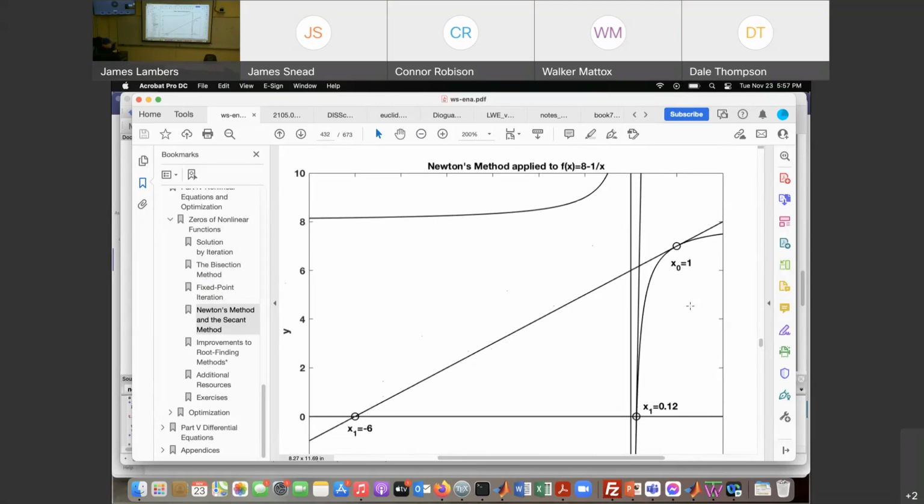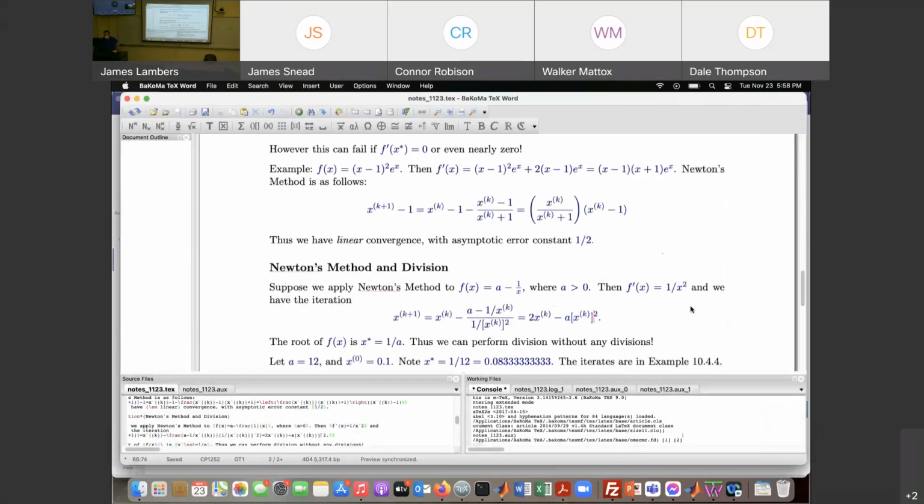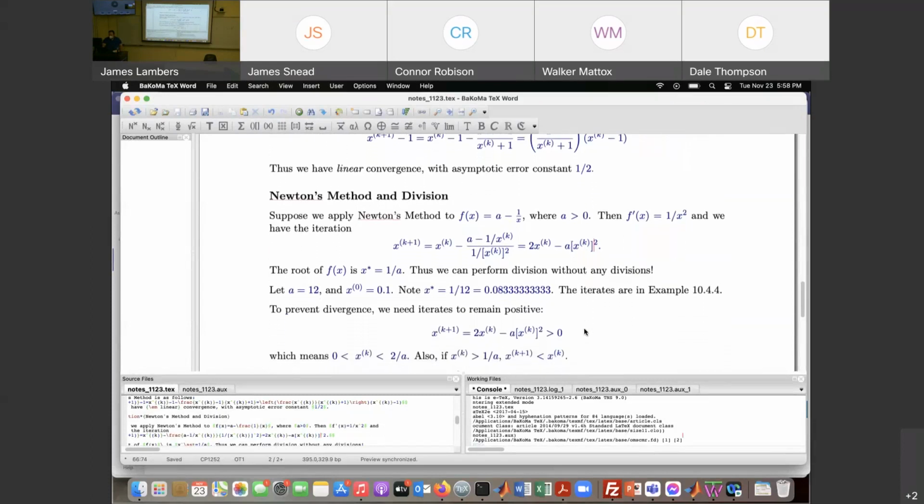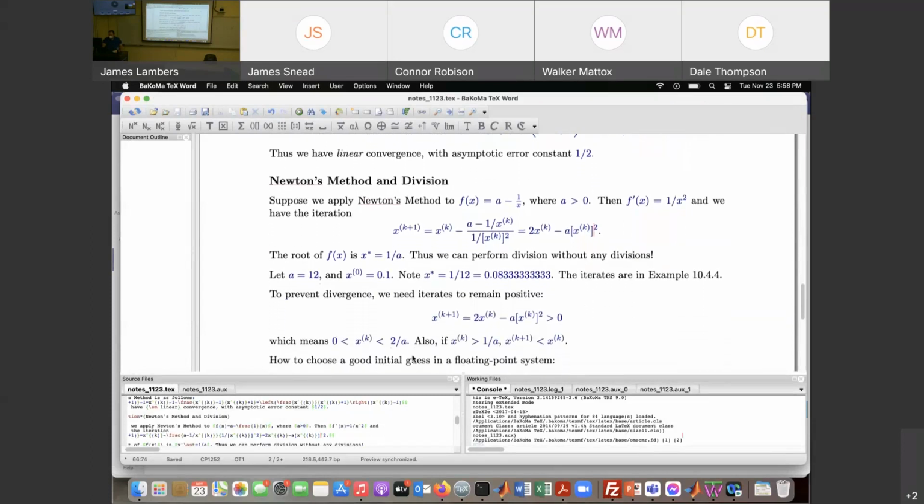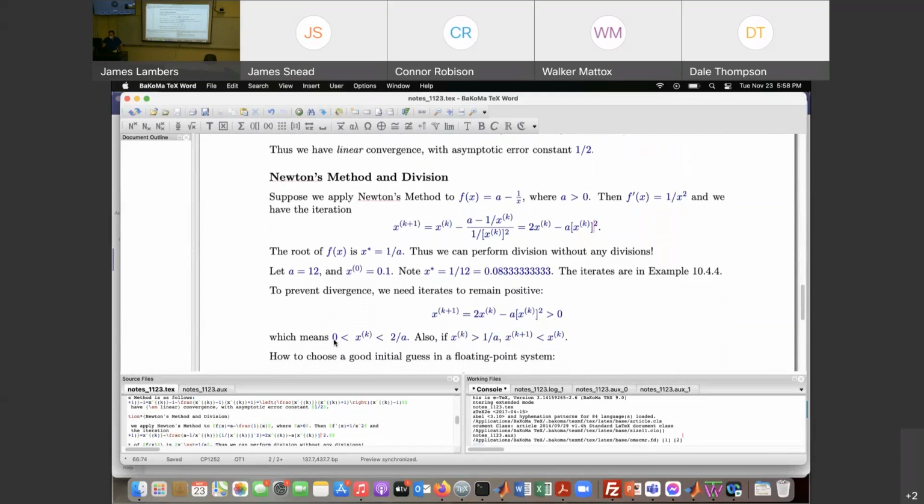All right. Now, so what you can do is you can set this to be greater than 0 and solve for xk. And here's the condition.